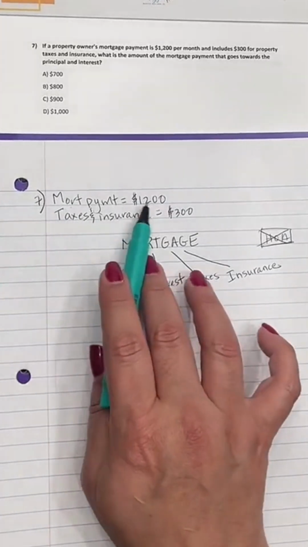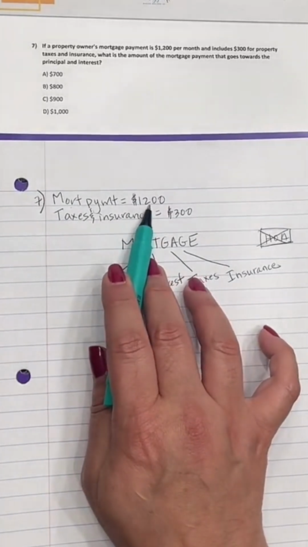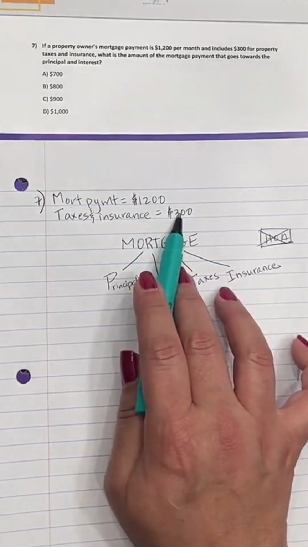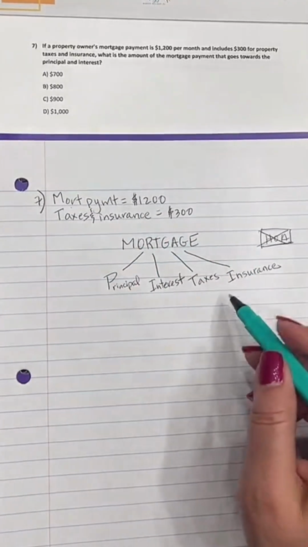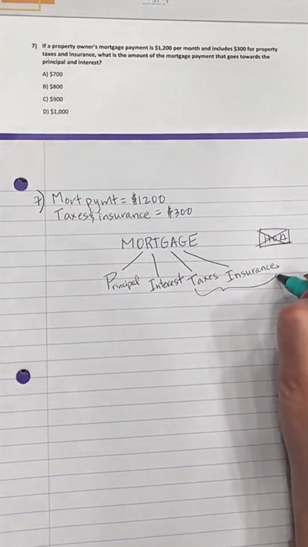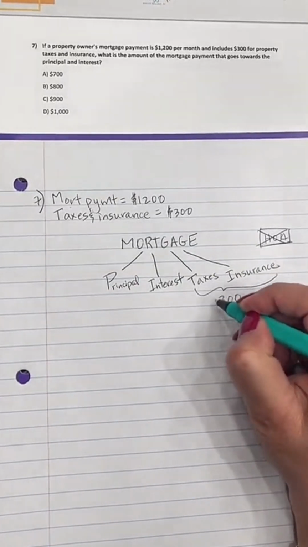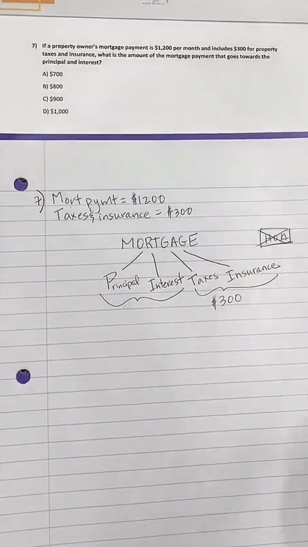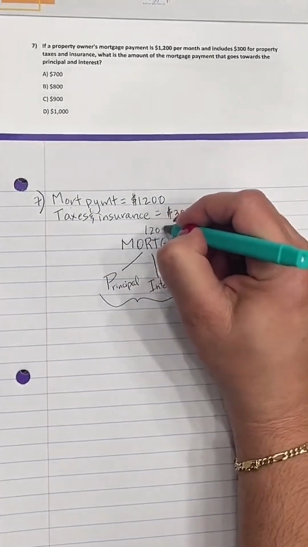So, if they're saying that the whole entire mortgage payment is $1,200 and already taxes and insurance are $300, right? That's this portion. They're wanting to know how much is this when this whole entire thing is $1,200.